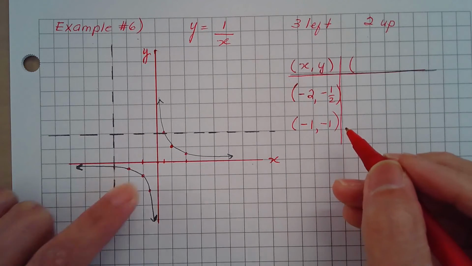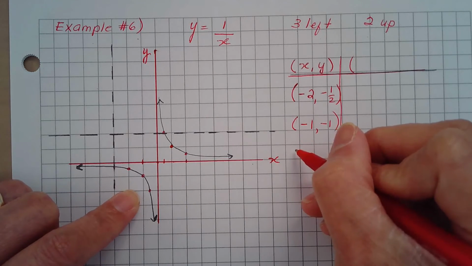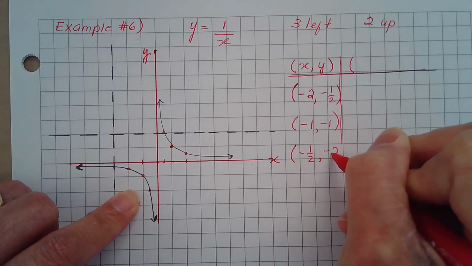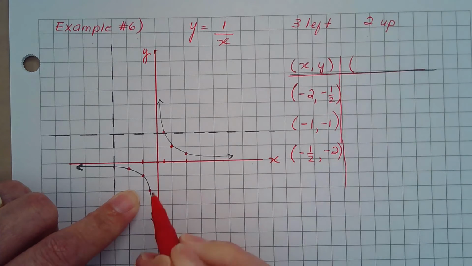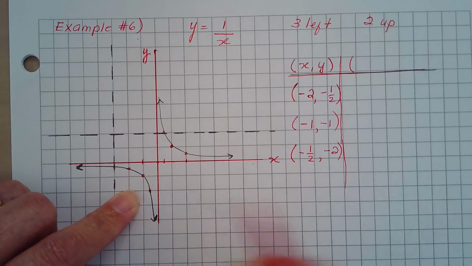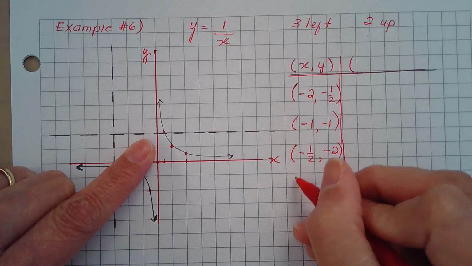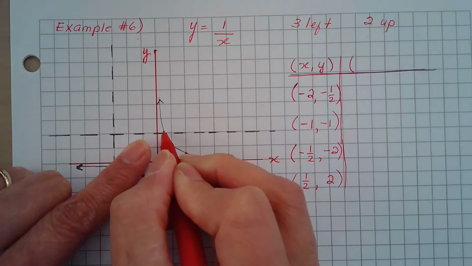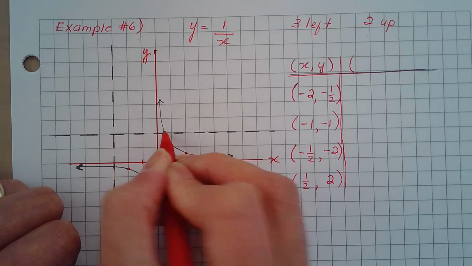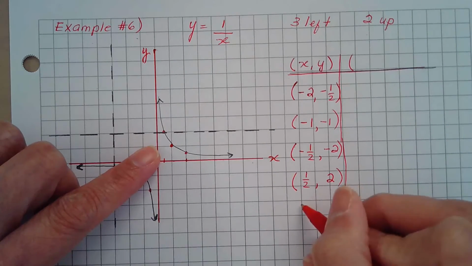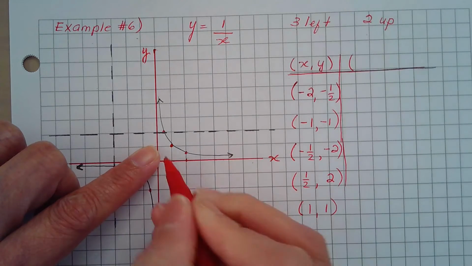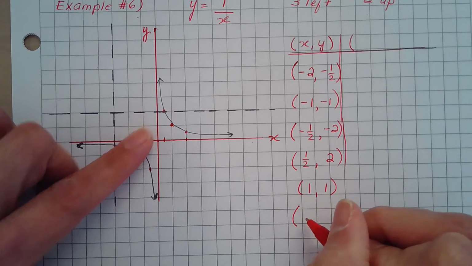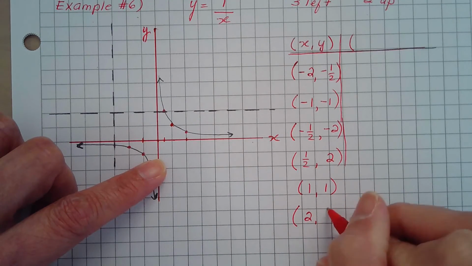There's nothing for 0. Oh, we're going to do negative a half is negative 2. That's this point right there. Positive a half, it's going to be positive 2. So that's that point right there. Positive 1, 1. That's this point right there. And 2, 1/2.